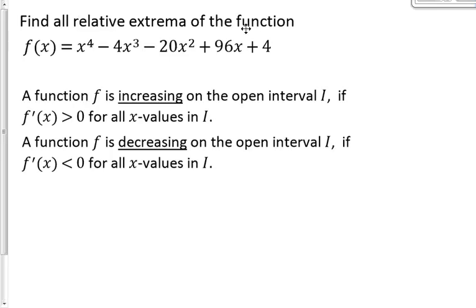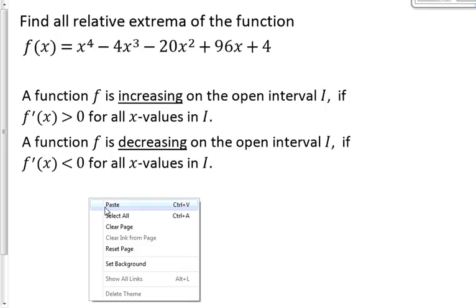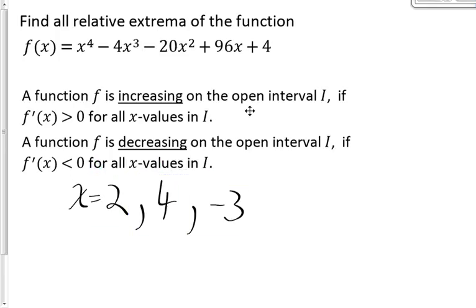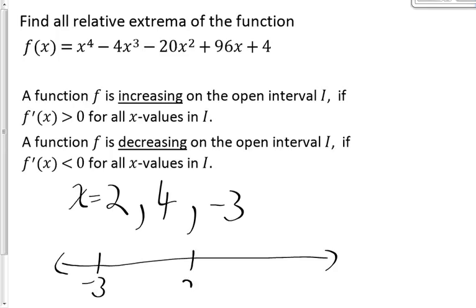To find relative extrema of the function, we're going to have to know where the function is increasing or decreasing. The numbers we just found, the critical numbers, actually set up open intervals on our x-axis. Here's my x-axis. I have the number negative 3, the number positive 2, and the number positive 4.